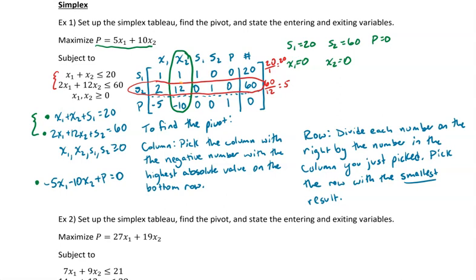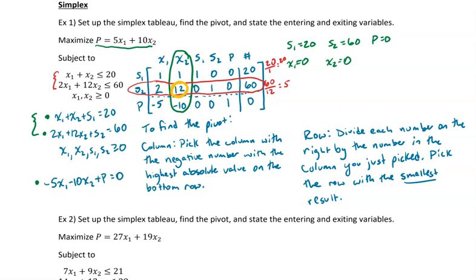Our pivot is the number where those intersect. So in this case, the pivot is the 12. All right, so we found the pivot. Again, for this one, we're not actually completely solving this problem, so you don't have to know what to do with it quite yet, but we have found the pivot.